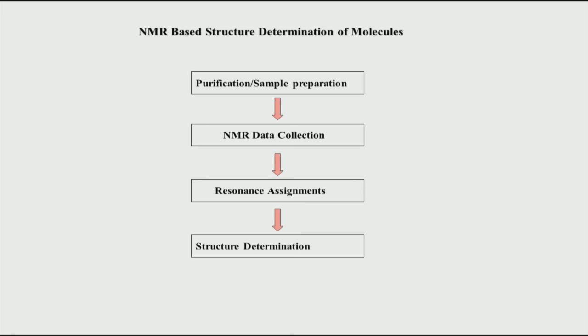So, let us look at that first. This is a general flow chart which people typically use when we solve structures by NMR. First thing is that you need to have a sample. So, you need to purify your sample, and as we saw, purity is a very important parameter when it comes to structure determination of molecules. Typically we say that it should be more than 95% pure.